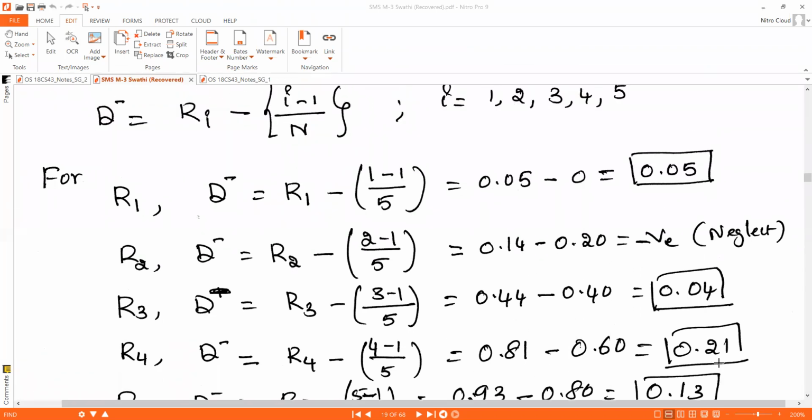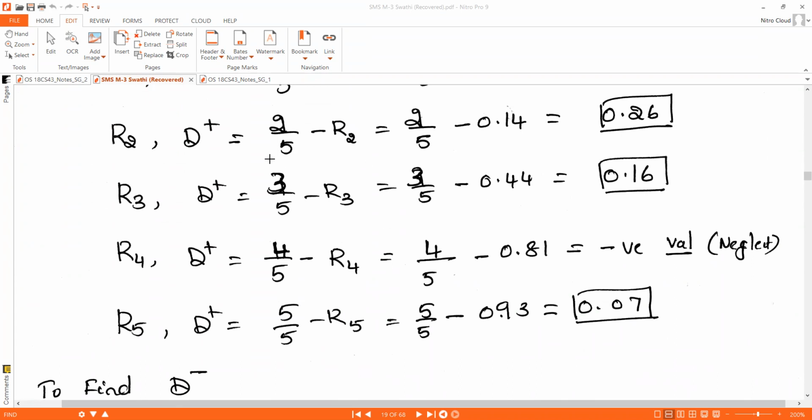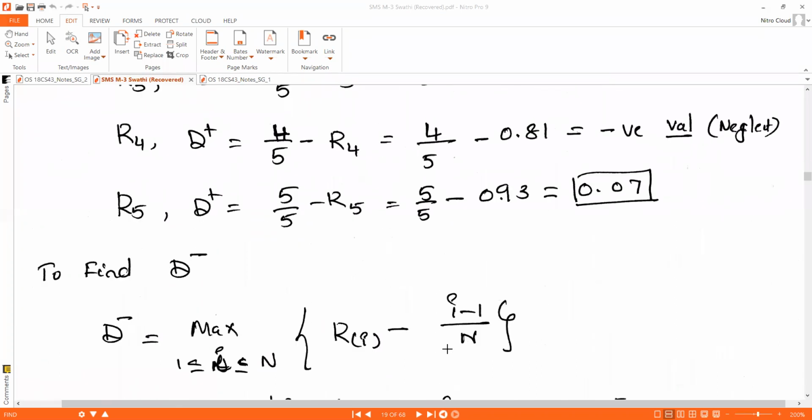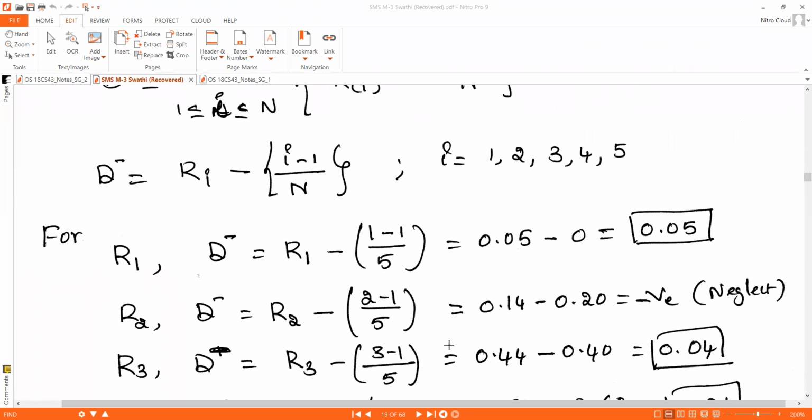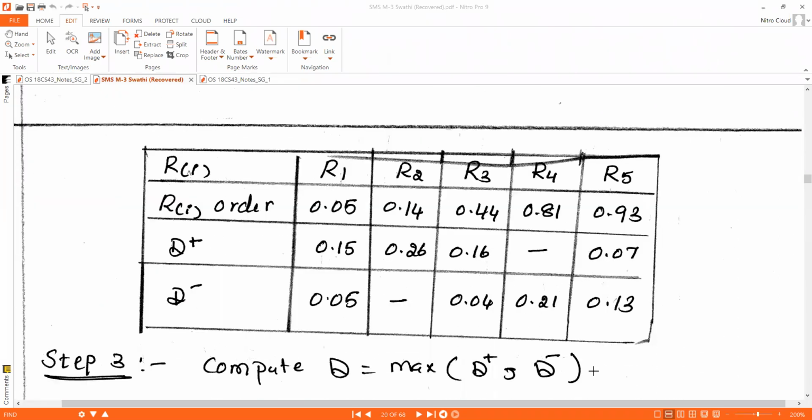We have calculated now, when i equals 1 to 5, what the d plus values are and what the d minus values are. After computing the d plus and d minus values, we will write those values in the form of a table.